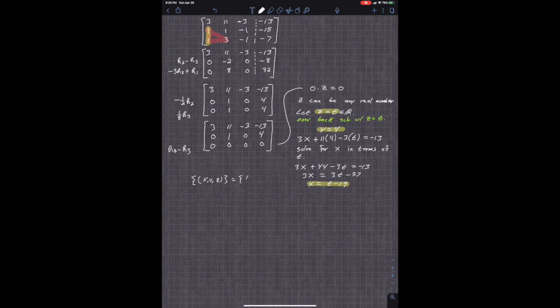This is good enough. You can say what x is. So x is t minus 19. Y is just 4 in this case. And then z is t. Okay, and that's good enough. And usually you say something somewhere for t in the reals, kind of like that. So that's the form we usually use.